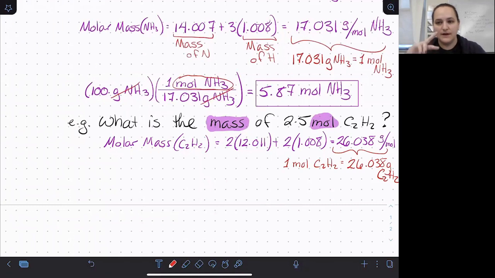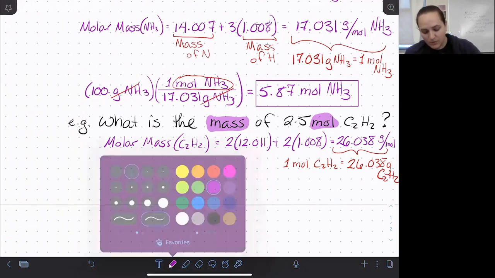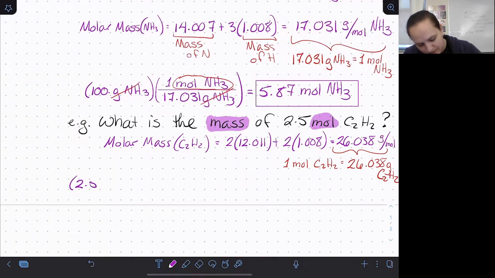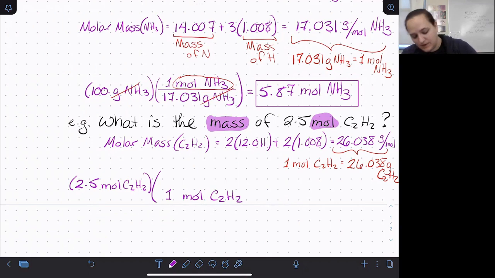And we can use that conversion factor in either direction, depending on how our units need to cancel out. So in this one, we are starting with 2.5 moles of this substance, which means I need moles to go on the bottom so that cancels out. My conversion factor, my molar mass, tells me that 1 mole of C2H2 is equivalent to 26.038 grams of C2H2.